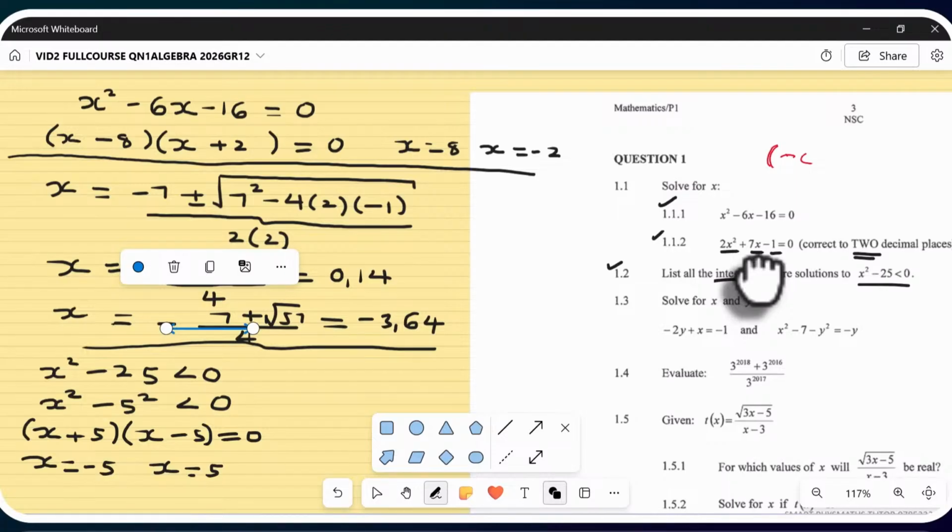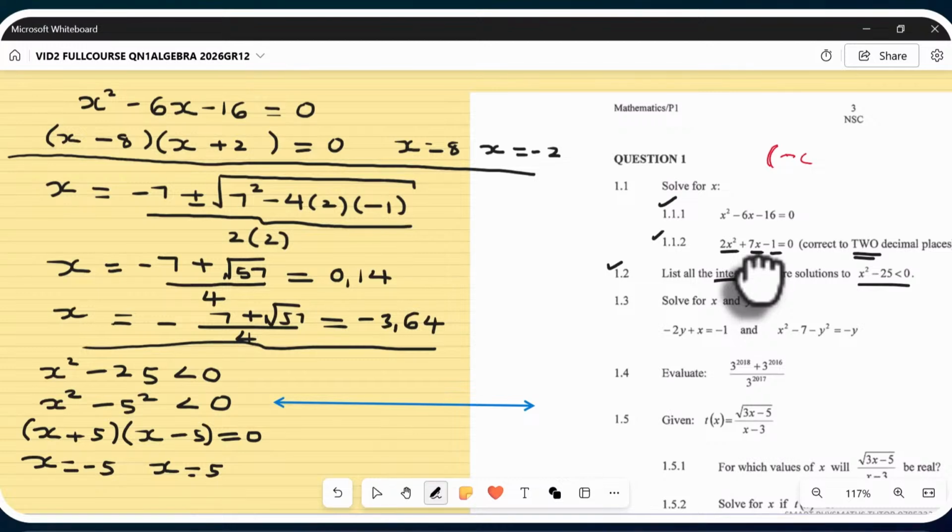Because they said you must list all the integers, from negative 5 until positive 5, we don't include the negative 5 because there's no equal sign here. So our answer is going to be these values as the integers.